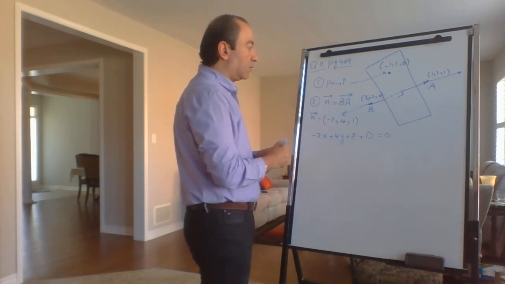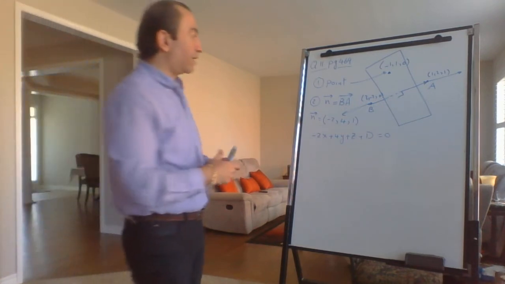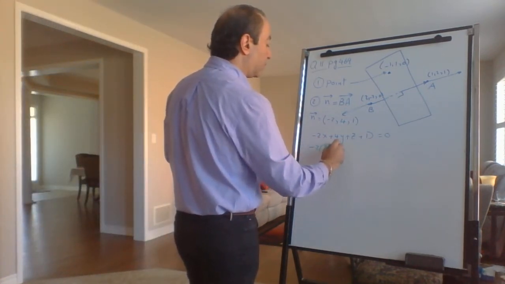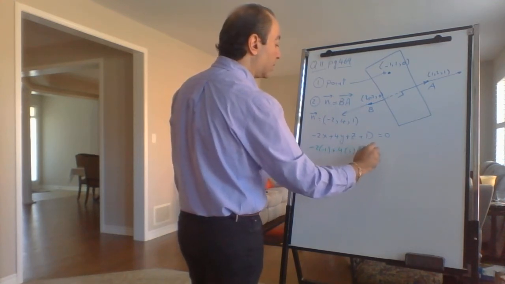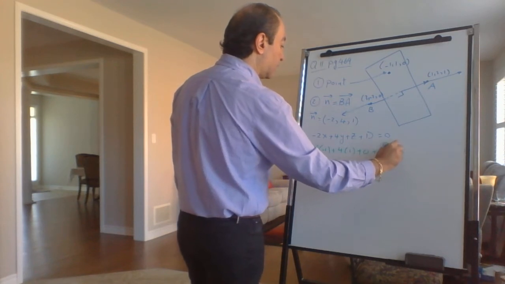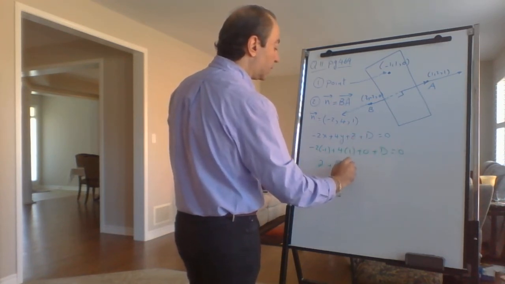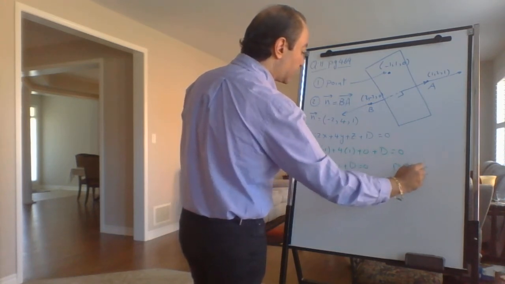Now to find d, we're going to use the coordinates of the point. So I'm going to take x and put negative 1. I will substitute y with 1. I will substitute z with 0, and I will find d. 2 plus 4 plus d equals 0, so that makes d equal negative 6.